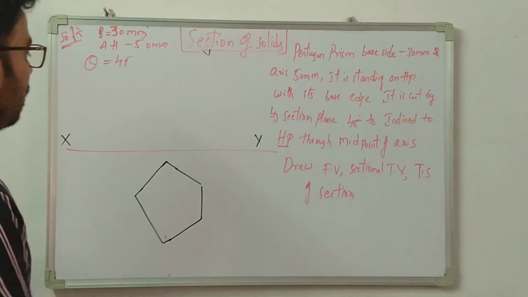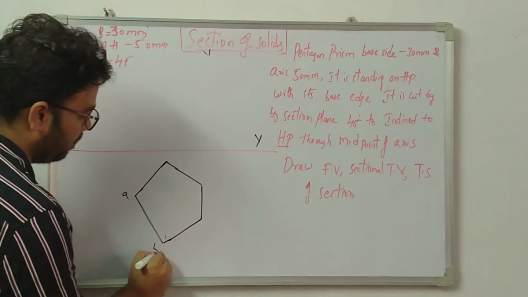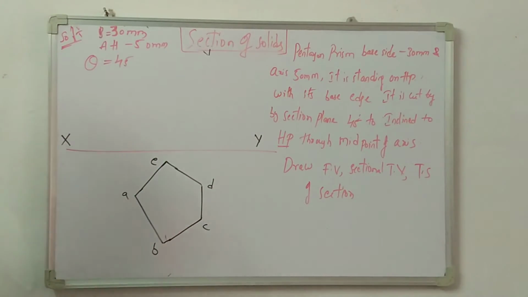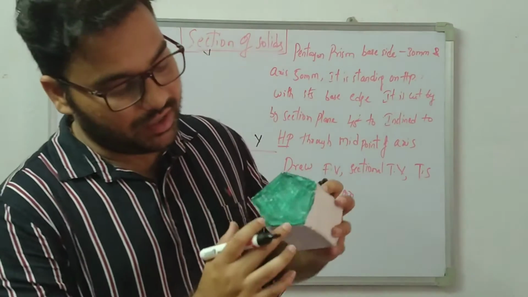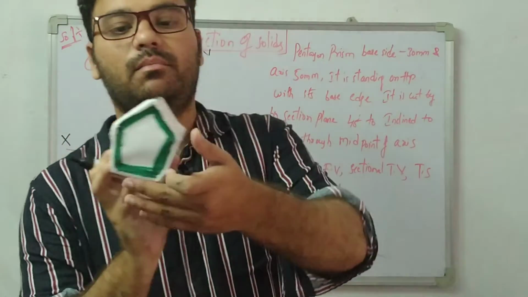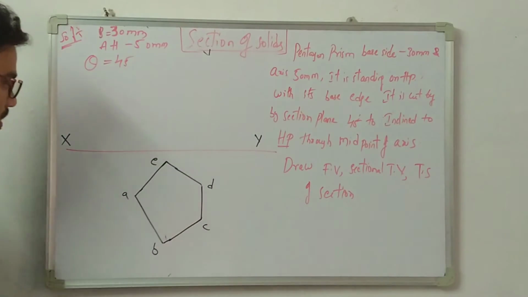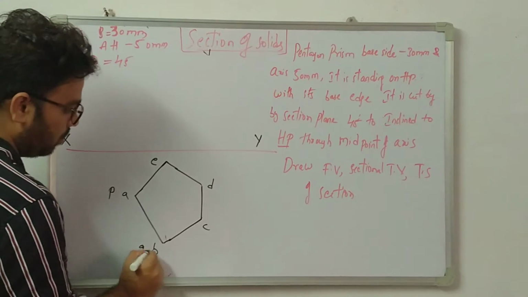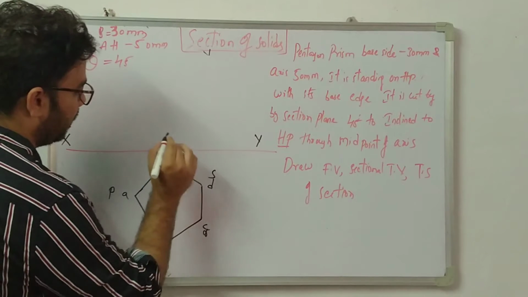So this is a pentagon. Give the names: this is A, B, C, D and E. The pentagon prism has two base shapes. Here is the front shape, and here is the back side. So we have two bases, and we have to give two sets of names. One base is completed, the other base is P, Q, R, S and T.